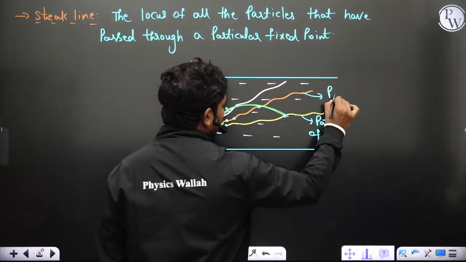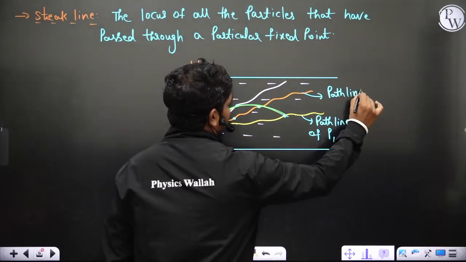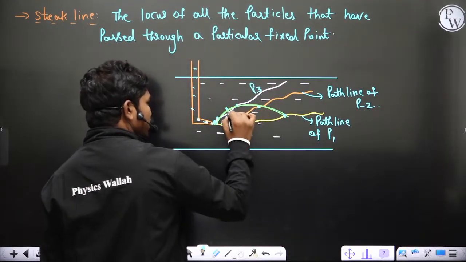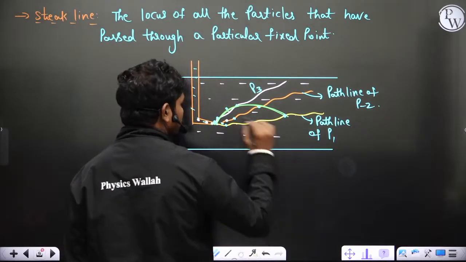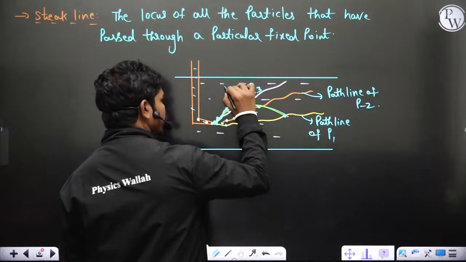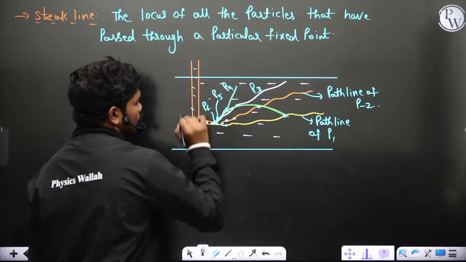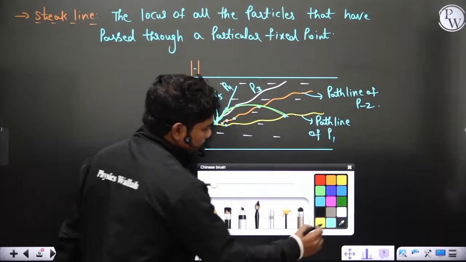This is the path line of particle 2. This is of particle 3. Maybe this is coming out like this. So let us suppose this is P4, P5, P6 like this.